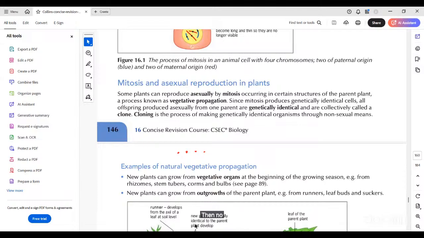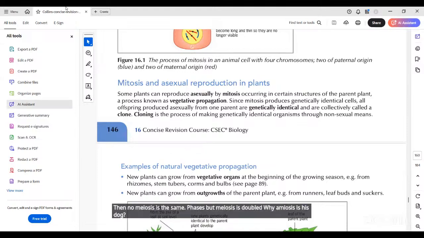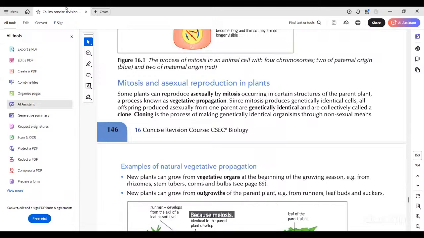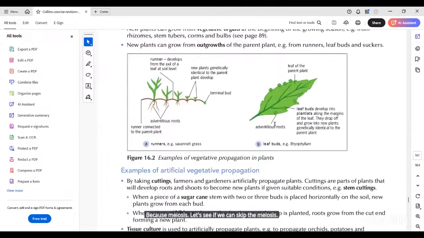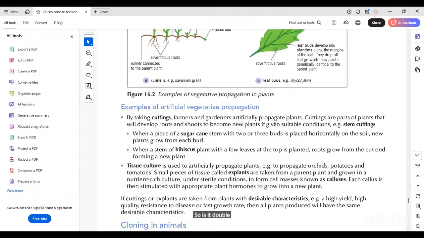Meiosis has the same phases, but meiosis is doubled. Why is meiosis doubled? It's double because instead of 2 daughter cells, meiosis forms 4.